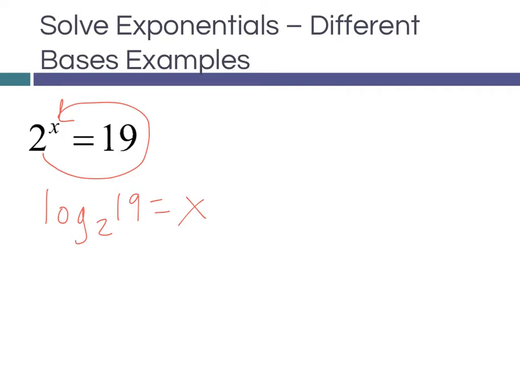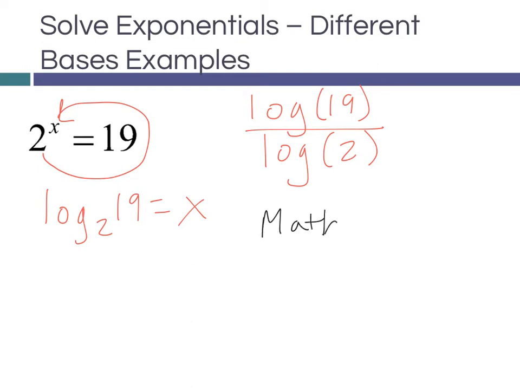Well, I can do something pretty sweet. I can either do change of base, which we learned in the last video, so log of 19 divided by log of 2, or if you have one of the newer calculators, hit the math button, and then the button right above it says alpha, and then hit math again.